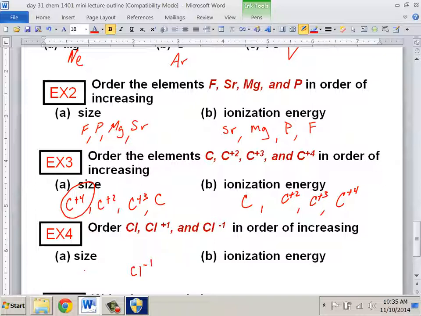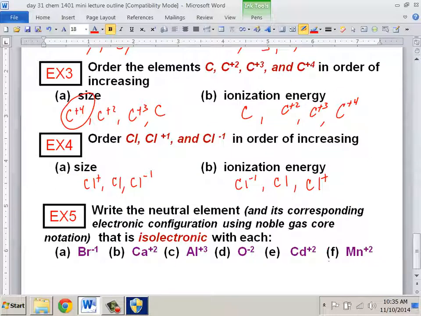What would be the smallest? Cl plus. Good. And then just flip it. Cl plus would be last because you have to pull an electron from something that's positive. That's tough. Okay, last one.